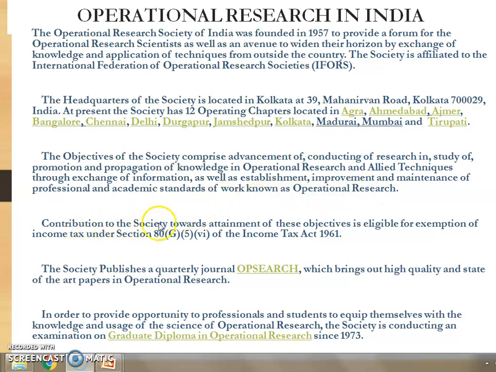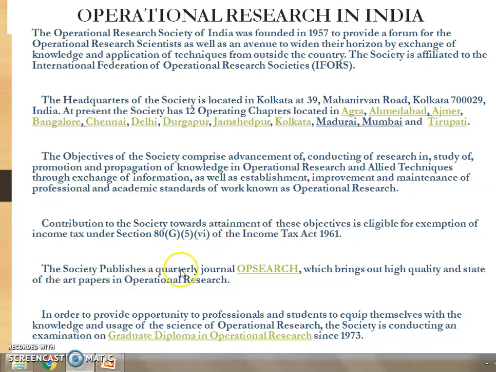Contributions to the society towards attainment of these objectives are eligible for exemption of income tax under Section 80G(5) of the Income Tax Act 1967.